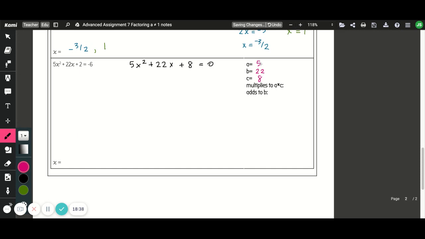I need two numbers that multiply to 5 times 8, which is 40. And they have to add to my B, which is 22. So two numbers that multiply to 40, add to 22 are 2 and 20. So we split that middle into 2x plus 20x.